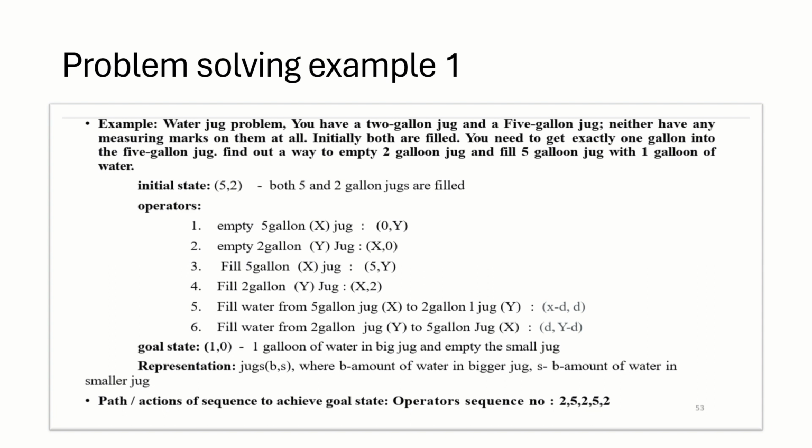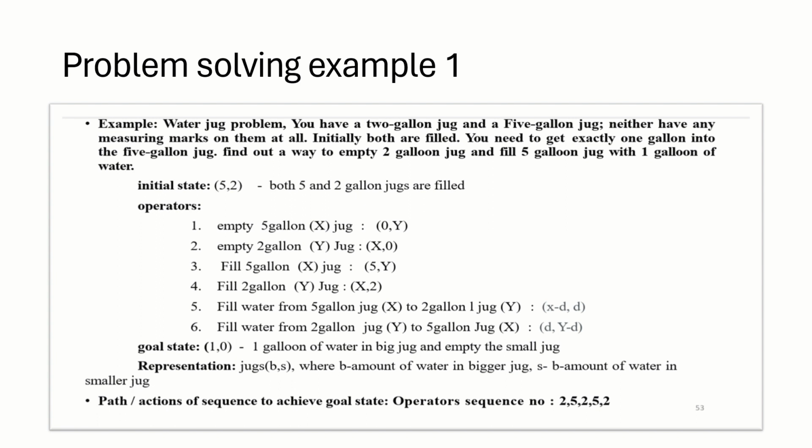Operators. Operators define all possible actions that can help us reach the goal state. Now we'll see what the possible operators are. We can have an empty 5-gallon jug or an empty 2-gallon jug. We can have a completely filled 5-gallon jug or a completely filled 2-gallon jug. We can pour water from the 5-gallon jug into the 2-gallon jug, or from the 2-gallon jug into the 5-gallon jug.